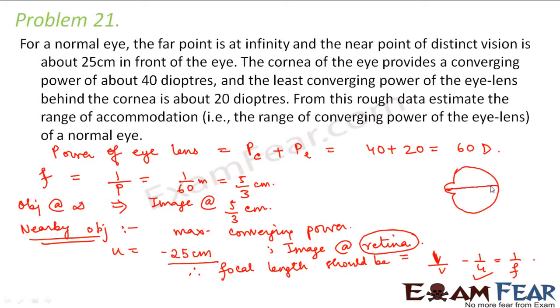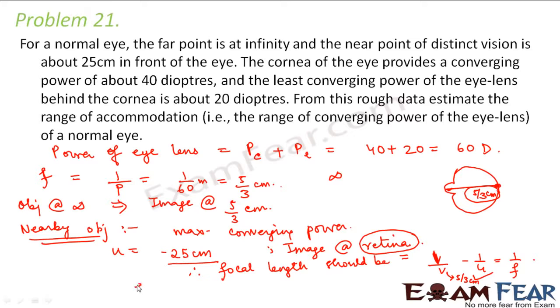We do know, because in the first scenario, what did we say? If the object is located at infinity, then the image will form at the focus, and the distance of that focus was 5 by 3 centimeters. But in that case also, that focus was on the retina. That means the distance of the retina is nothing but 5 by 3 centimeters. So in this case, v is 5 by 3 centimeters.